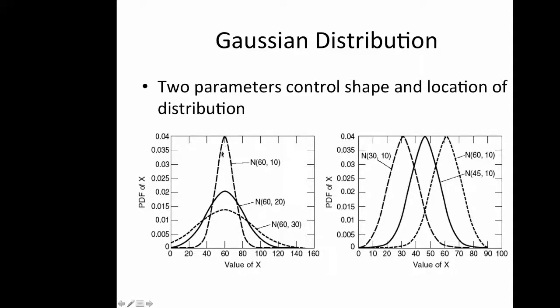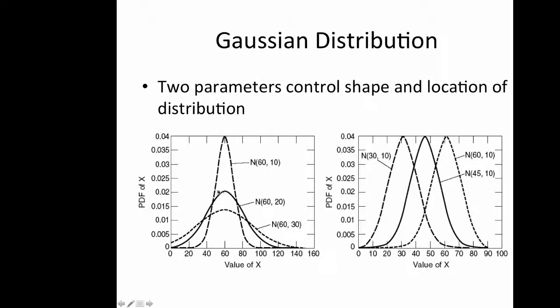So the first distribution here, the dashed one, is a distribution with a standard deviation of 10. And we see that for this case it is relatively thin and high peaked. As we increase the standard deviation now to 20, we see that we get a spreading out of the distribution. That's the solid line.